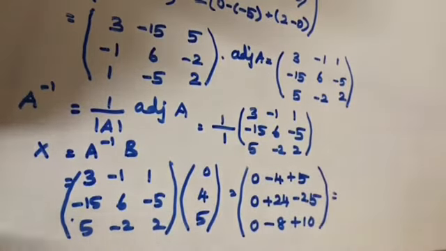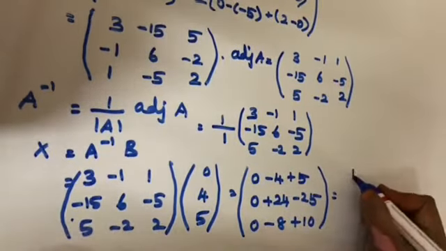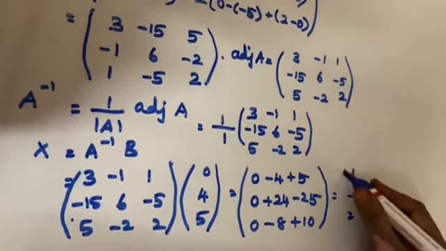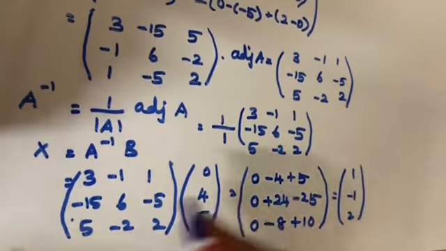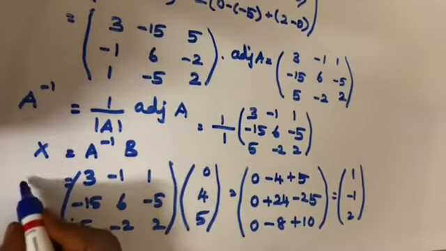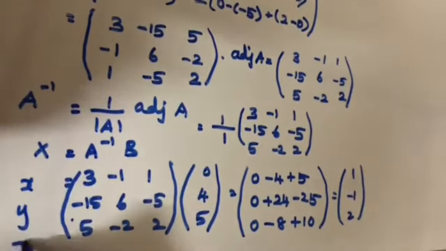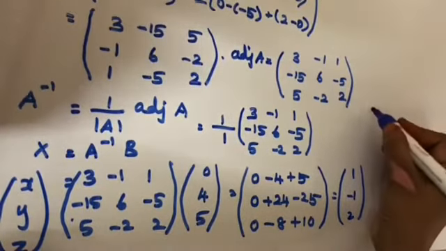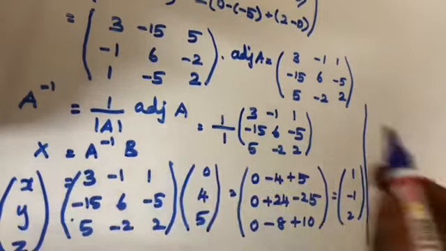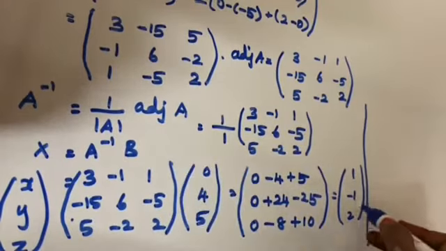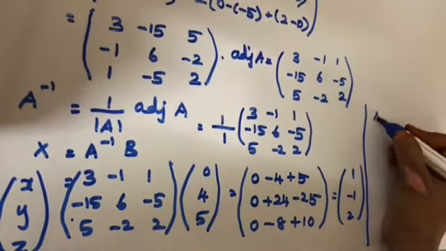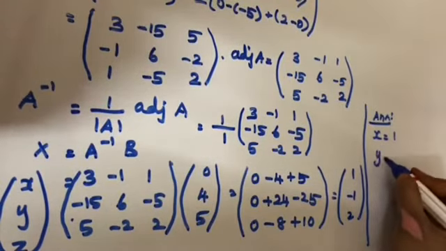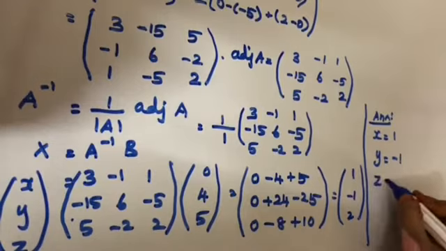It is equal to 1, here minus 1, here 2. Okay. So X is equal to, what is X? X, Y, Z. This is the matrix, right? So from this, what do you get? X is equal to 1, Y is equal to minus 1 and Z is equal to 2. So the answer, we found the values of variables: X is equal to 1, Y is equal to minus 1 and Z is equal to 2.